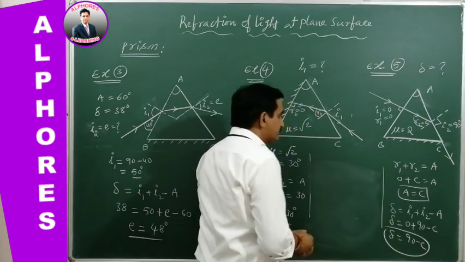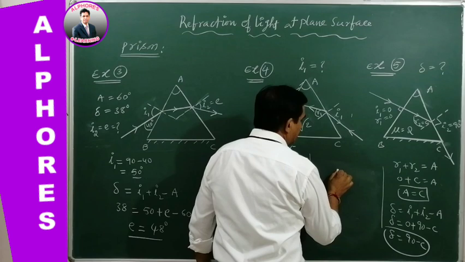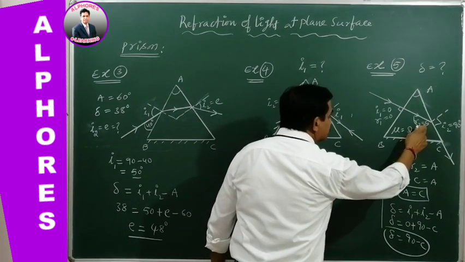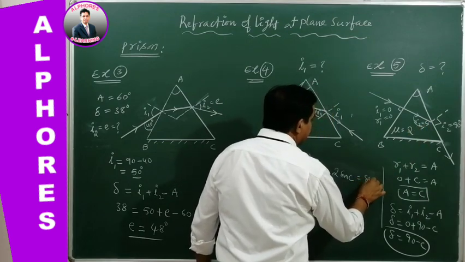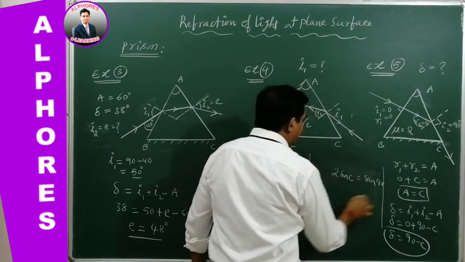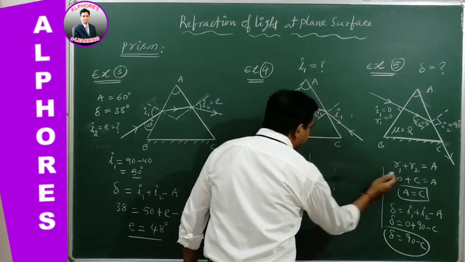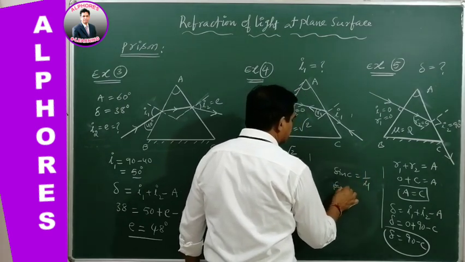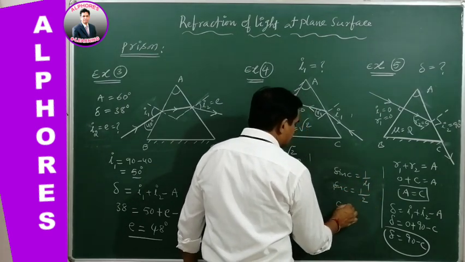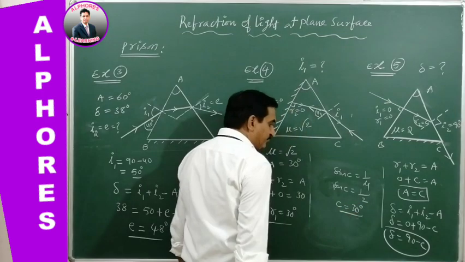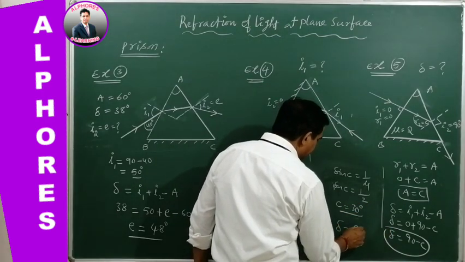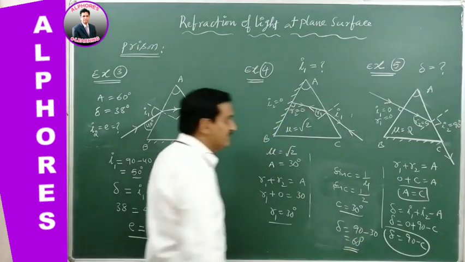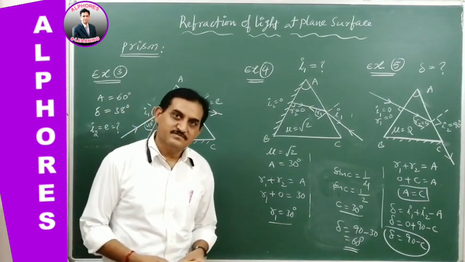Using Snell's law, 2 into sine C is equal to sine 90 outside, or directly we can find the critical angle: sine C is equal to 1 by mu, which is 1 by 2, so C is equal to 30 degrees. After finding C, we can easily find the deviation: 90 minus 30 gives 60 degrees, the deviation suffered by the light in this case.